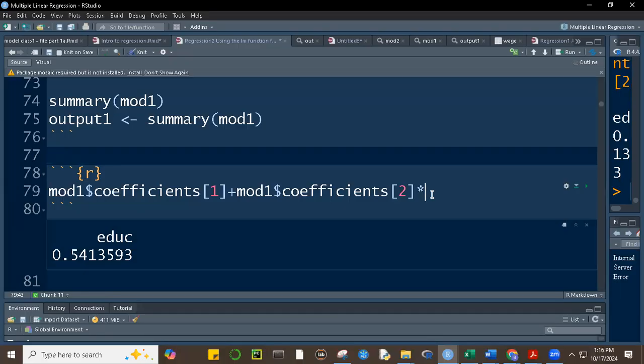What do I multiply that with, class, to get the predicted value for observation number 1?